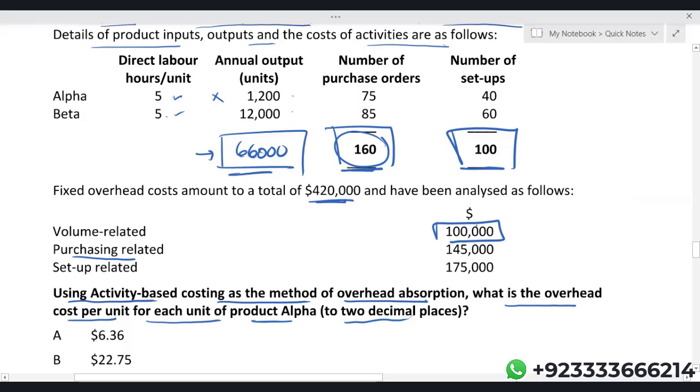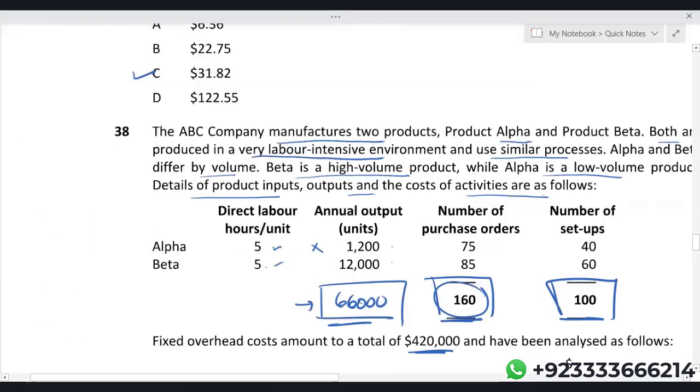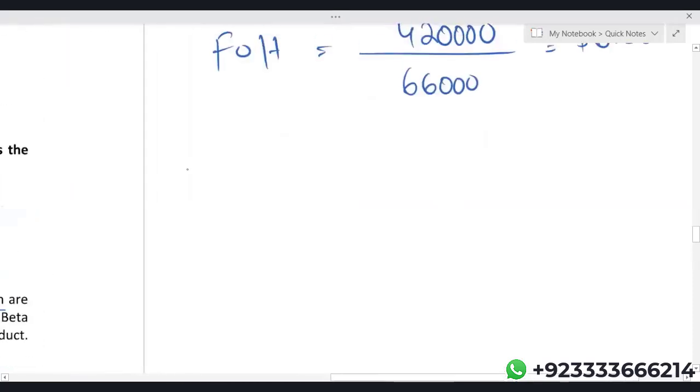So let's calculate at least the per labor hour cost, per purchase order cost, per setup cost. So now we'll be calculating 3 overhead absorption rates. The question number we are discussing is 38.